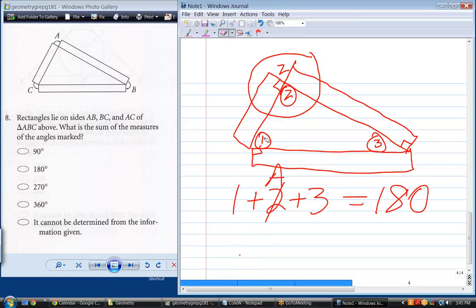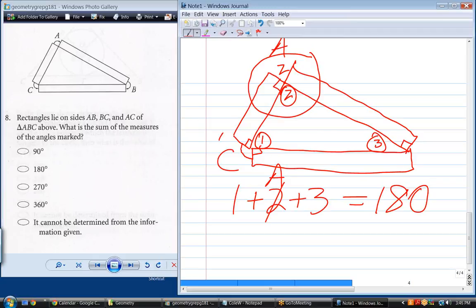Now, this angle 1 over here is not equal to this. You can see that. In other words, angle 1 is acute, and angle C is obtuse. But what do I know? I know that 1 plus C is equal to what? 90.